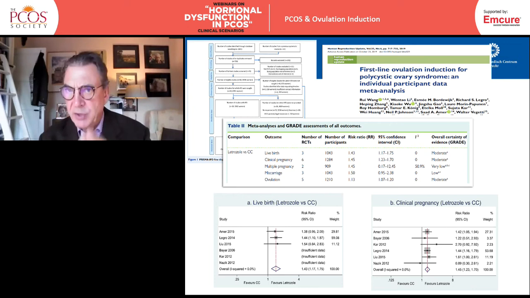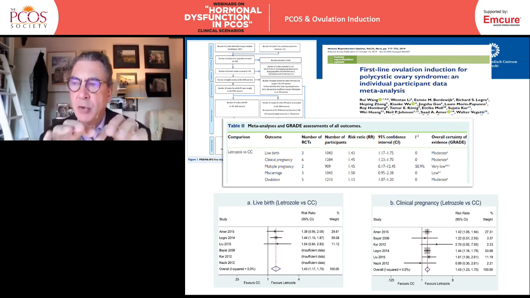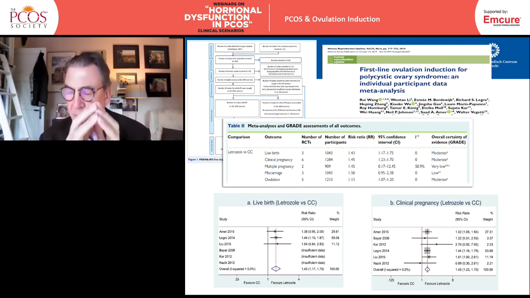With individual participant data, what you do is you approach all the authors of the papers and say, can we have your data? So there we don't combine the conclusions of the papers, we actually combine the data of all the papers. And we reanalyze all this data. Of course, a pretty powerful approach.